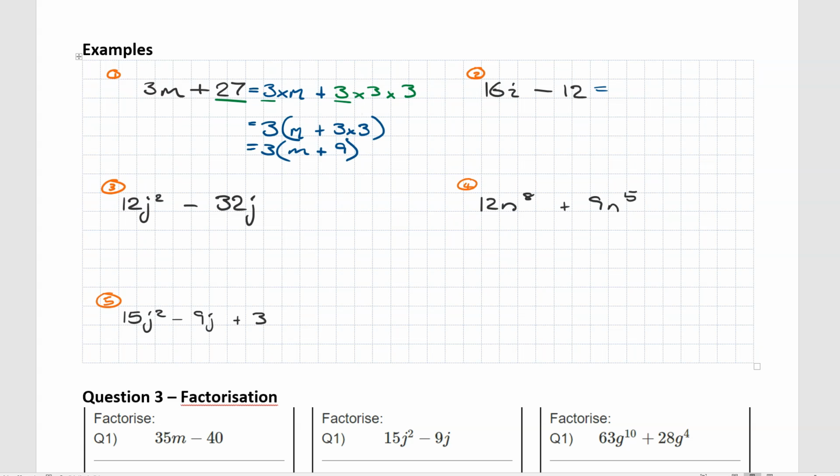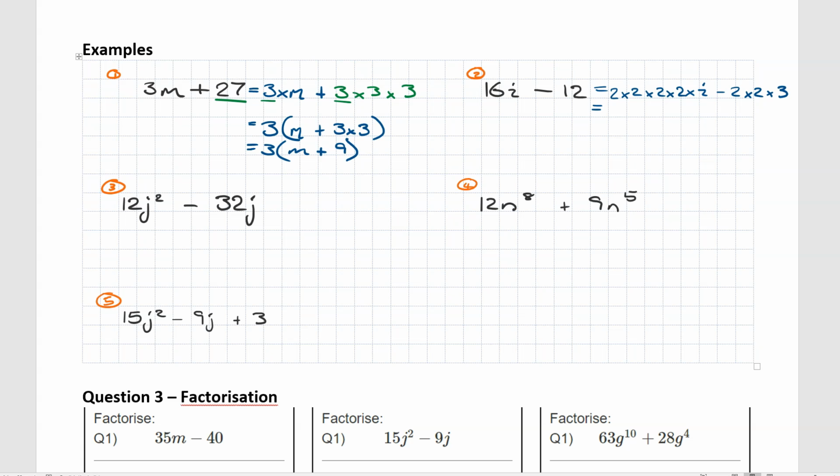We'll use the exact same method that we used over in number 1. We're going to break 16i minus 12 up into all its factors. So the factors of 16 are simply 2 times 2 times 2 times 2 times i, minus, and then the factors of 12 are 2 times 2 times 3.